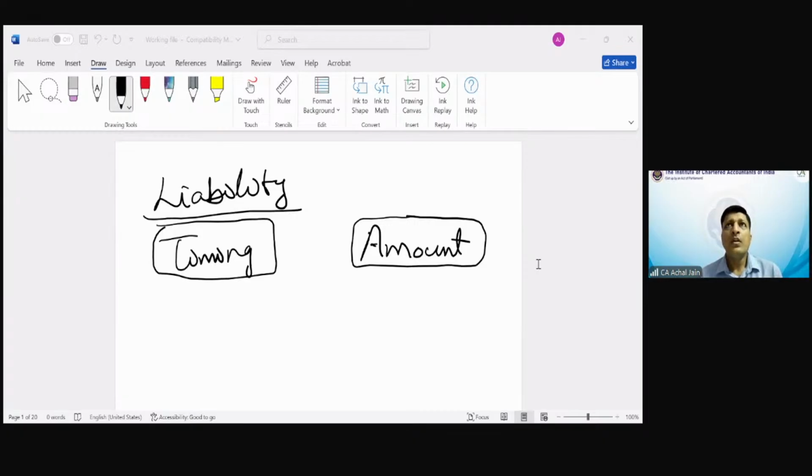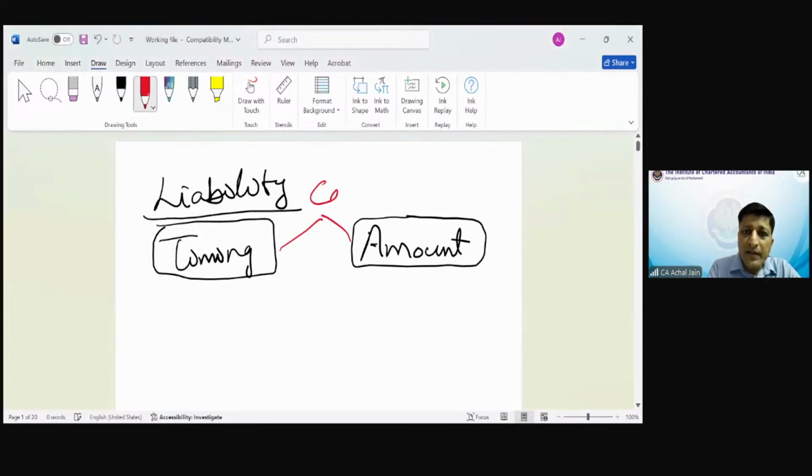We know the amount involved, and we know the timing also. Correct? Very good. So now we can say that for a liability, these two are certain.